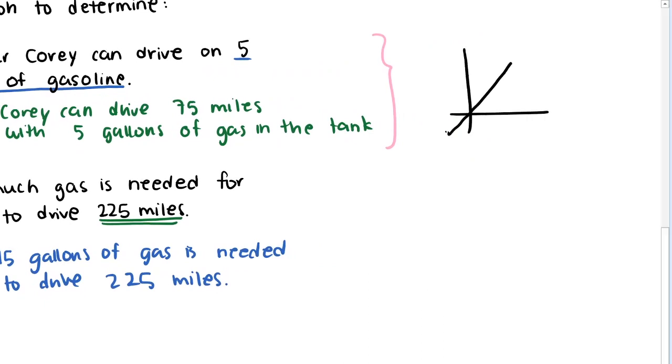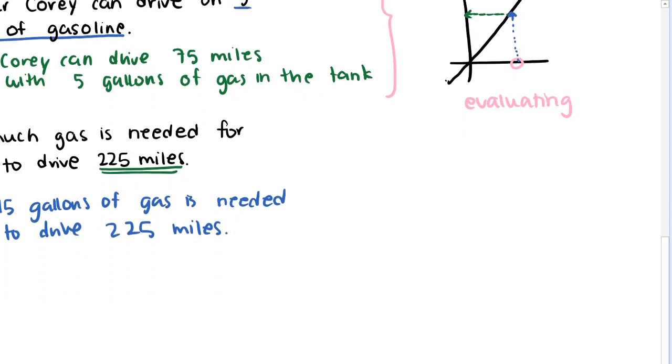So we had the graph here, and we started with the input value and figured out the output value. This process is called evaluating. It's kind of like when we evaluate an expression, we plug in the input value and compute the result. Here we're starting with a value from our input axis, and then figuring out the output.